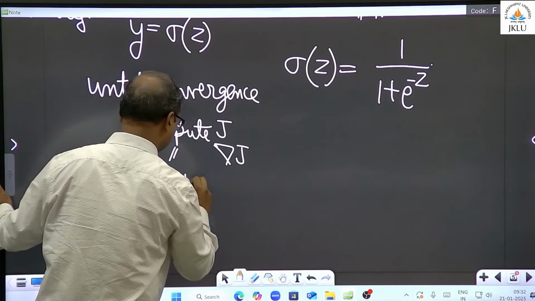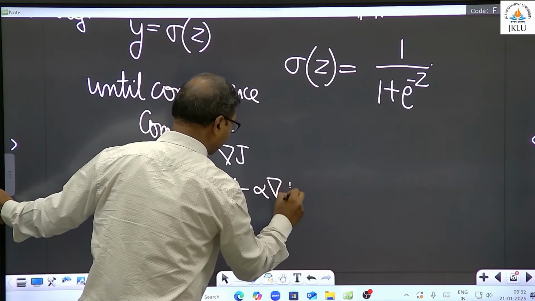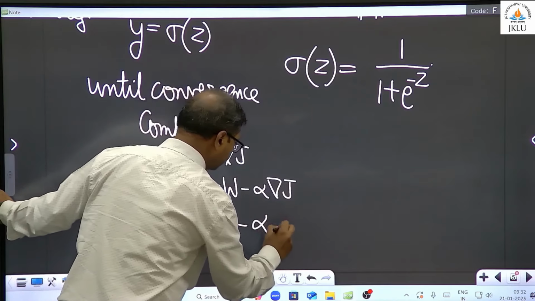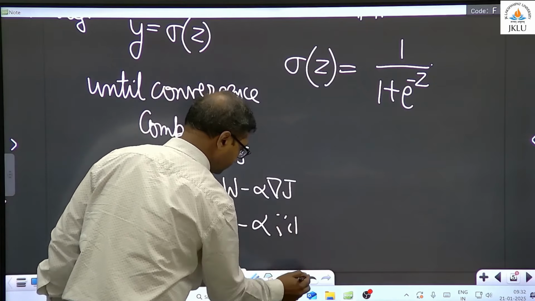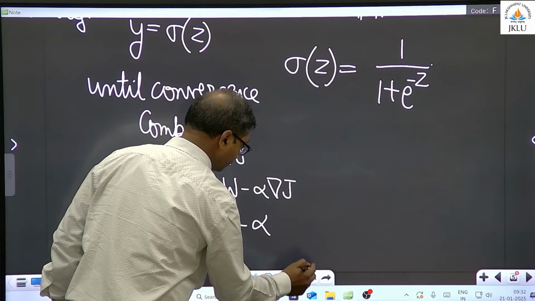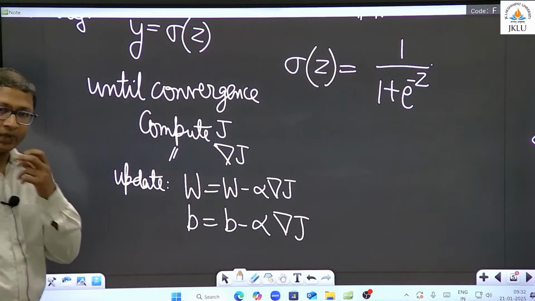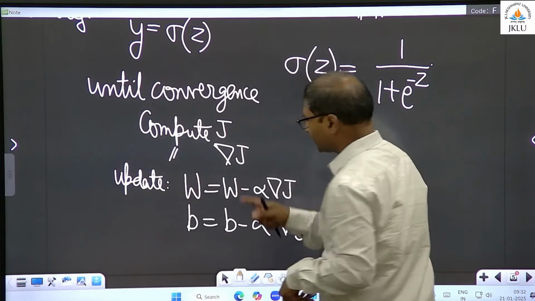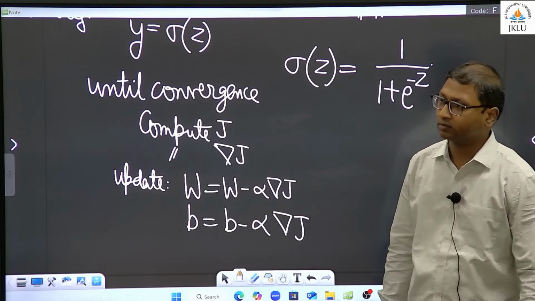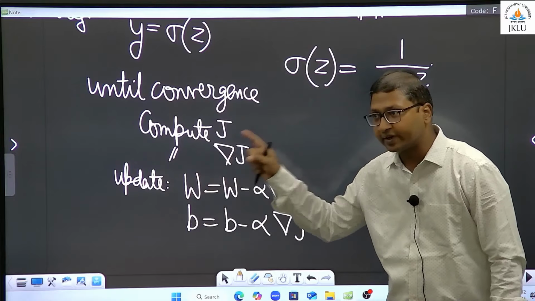I am just writing in terms of vectors: w equal to w minus alpha grad J and b equal to b minus alpha grad J. For some reason we write these two things separately. W's are treated separately from b. Both of them are vectors.